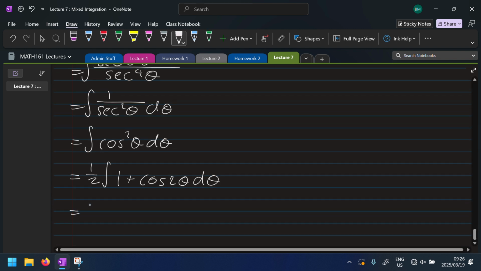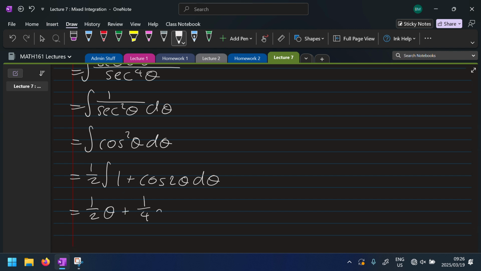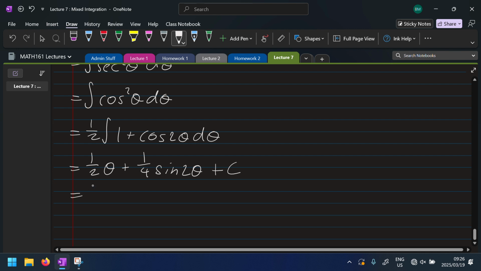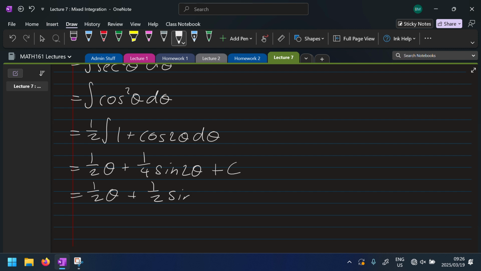So this will be 1/2 theta plus 1/4 sine 2 theta plus c. Here we've got sine 2 theta, but we want to work with sine theta and cos theta by themselves. We don't want this double angle. So we can split this up. So this will be 1/2 theta plus 1/2 sine theta cos theta.